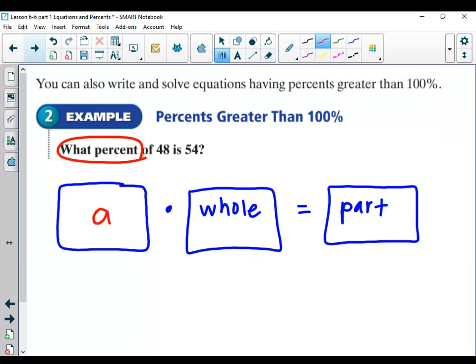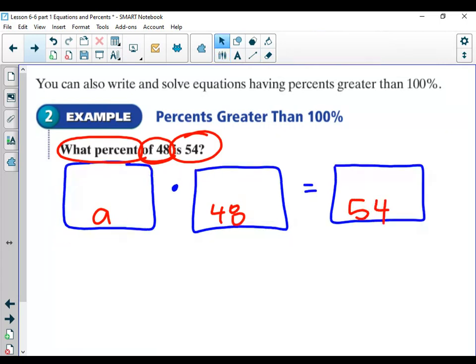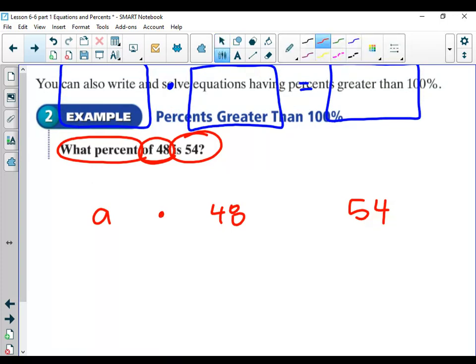Let's pick A for Andy. Whole, keyword of, part, keyword is, so I'm supposed to take A times 48.